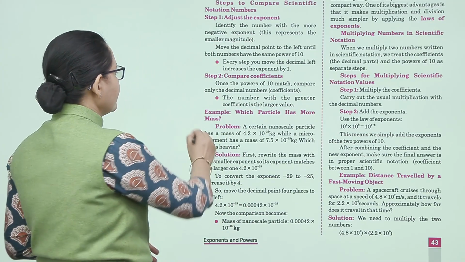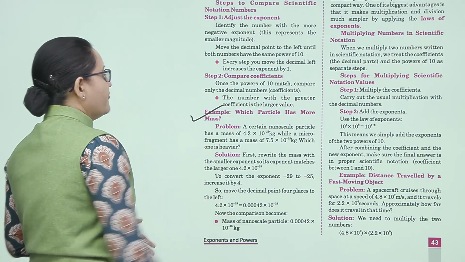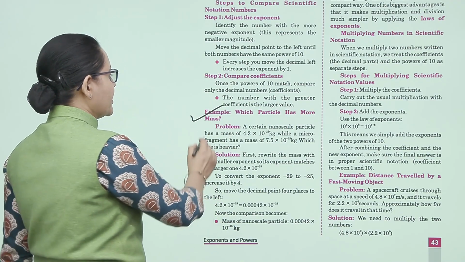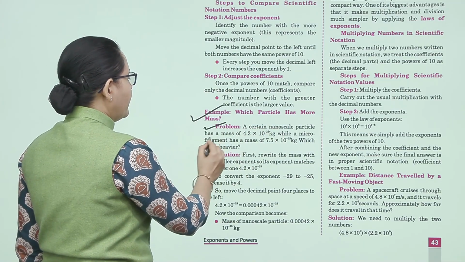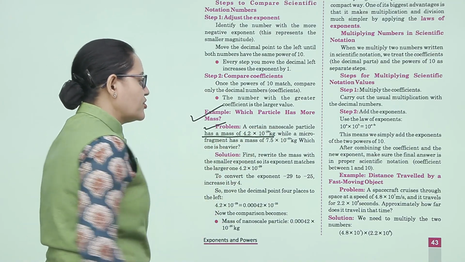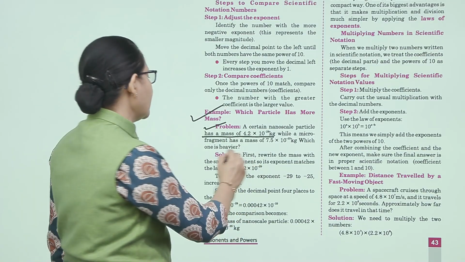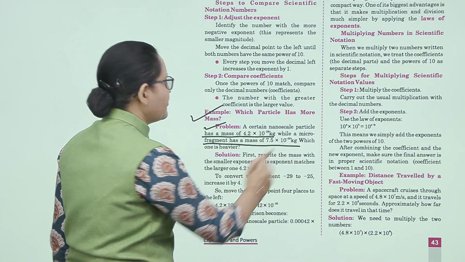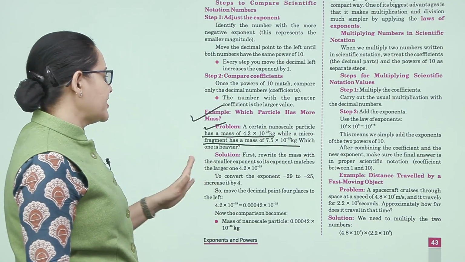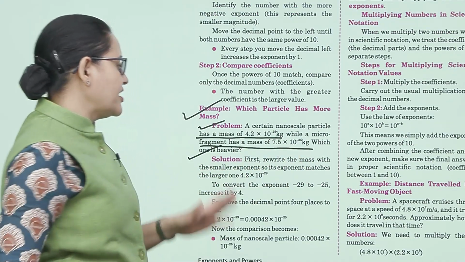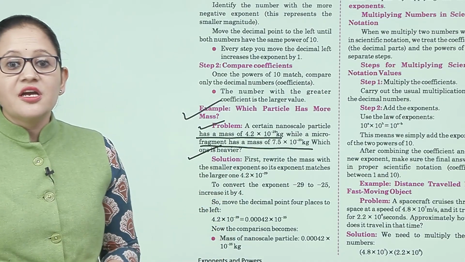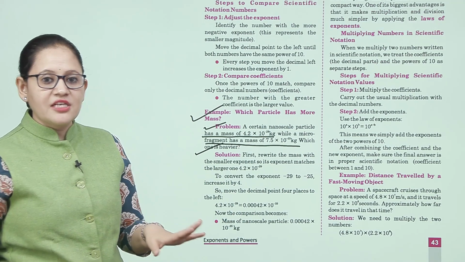Now, an example. Which particle has more mass? A certain nanoscale particle has a mass of 4.2 times 10 to the power minus 29 kg and a microfragment has a mass of 7.5 times 10 to the power minus 25 kg. Which one is heavier? Solution: first we rewrite the mass with the smaller exponent so that its exponent matches the larger one.